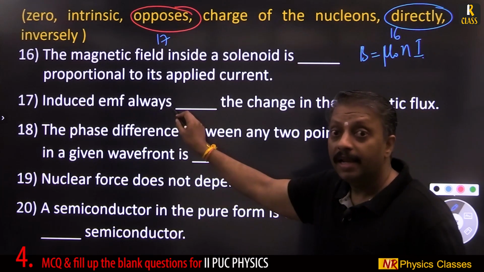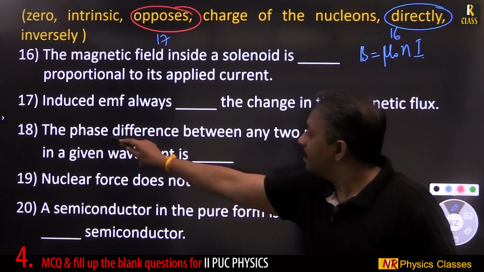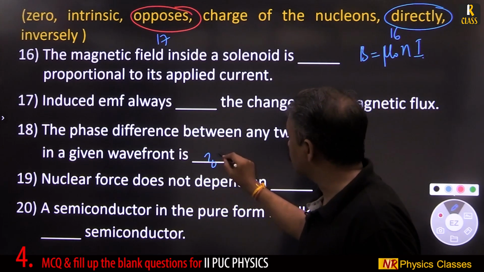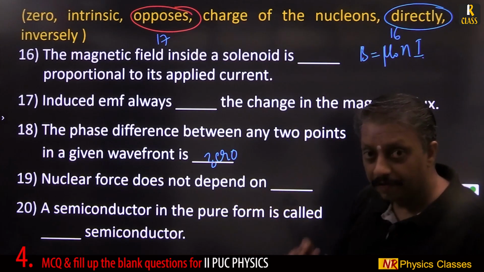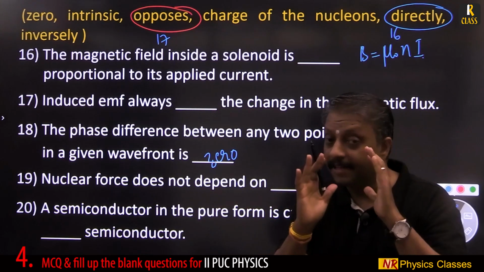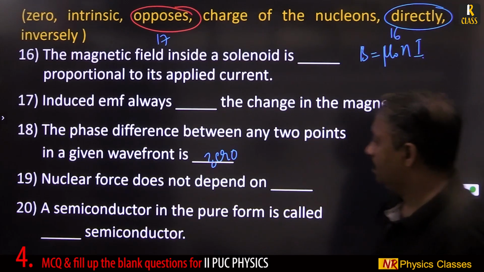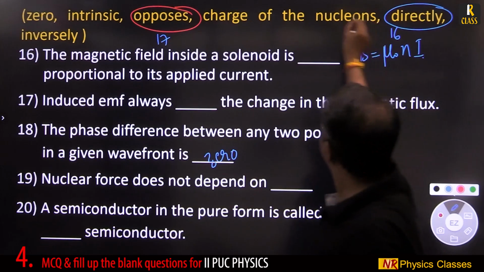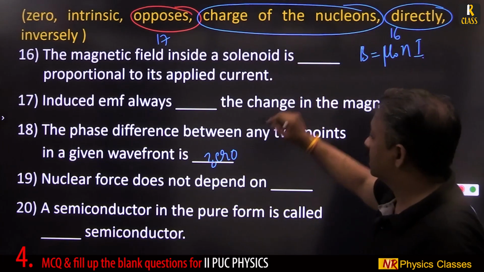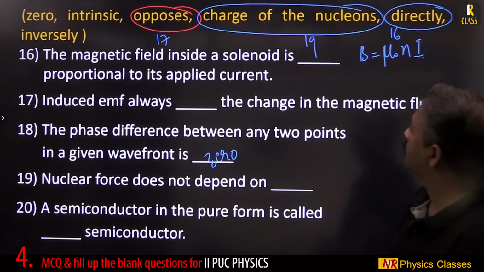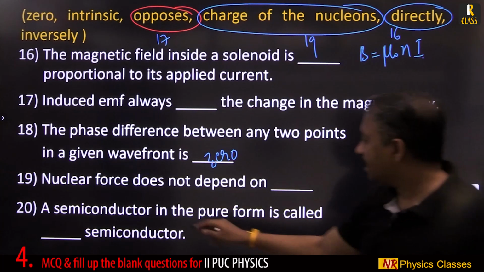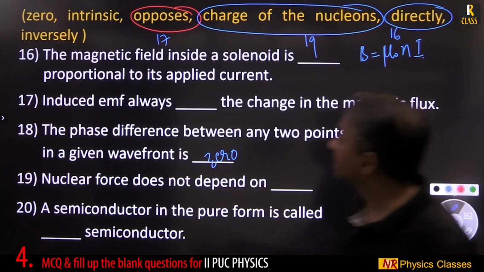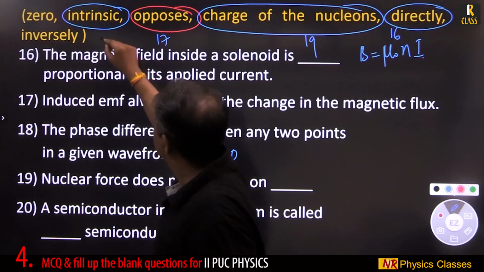This is Lenz's law. The phase difference between any two points in a given wavefront is 0. A wavefront is the locus of points which are in phase. Nuclear force does not depend on charge. This is 19. A semiconductor in its pure form is called intrinsic. Pure is intrinsic. This is 20.